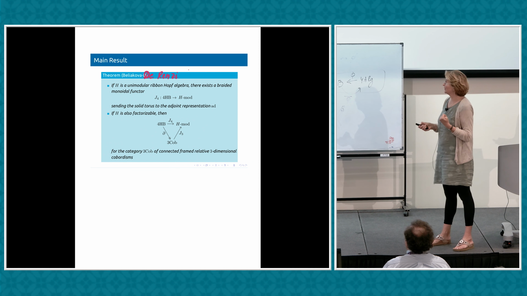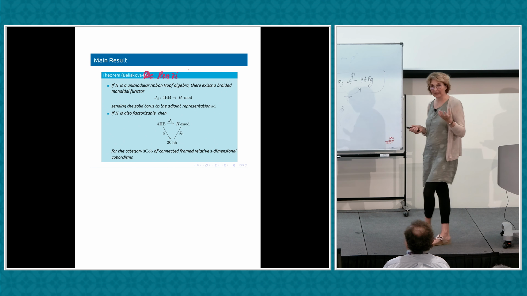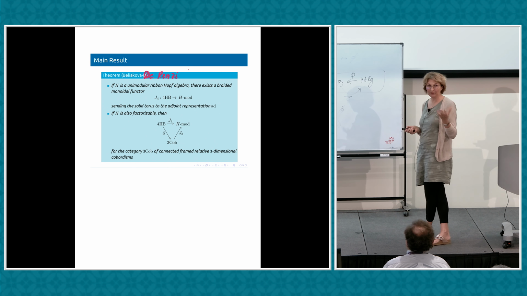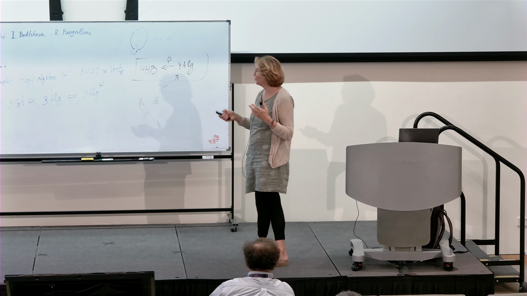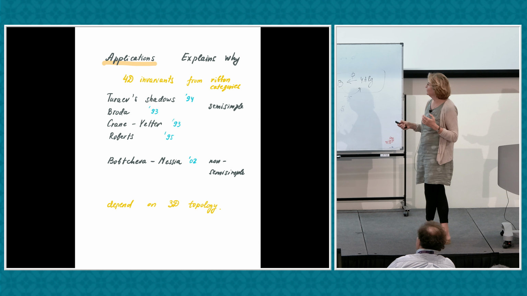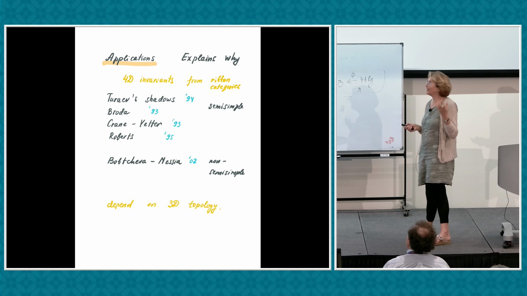So this means that if you are working with a modular category, which is what Turaev and others were working with all the time, you will never see 4-dimensional phenomena. This is why all attempts, starting from '94 by Turaev, then Broda, Crane-Yetter, Roberts, Bobtcheva-Messia, and so on, semi-simple and non-semi-simple constructions, aiming to construct interesting 4-dimensional invariants out of ribbon categories, mainly fail, and now we understand why.